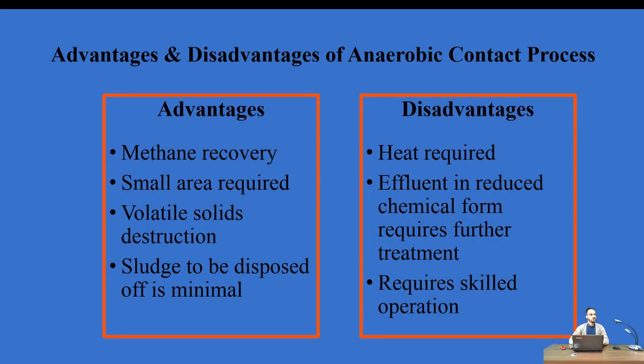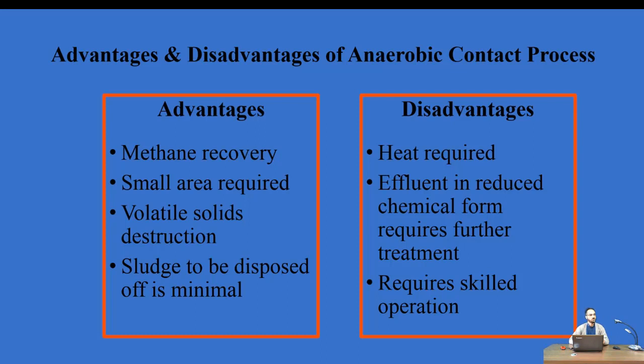Now also there are some advantages and disadvantages for this kind of treatment, or biological treatment. The advantages are related to methane recovery as energy, a small area required, and volatile solids destruction.